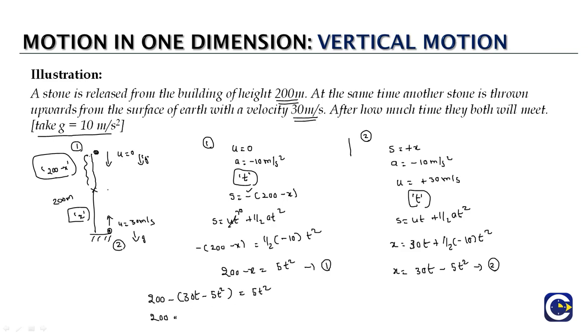So 200 minus 30t plus 5t square is equal to 5t square. Now the 5t square and 5t square will cancel. This gives us 200 is equal to 30t. From here we get the value of time to be 200 by 30, which is equal to 20 by 3 seconds. So this is the time after which both these stones will meet.